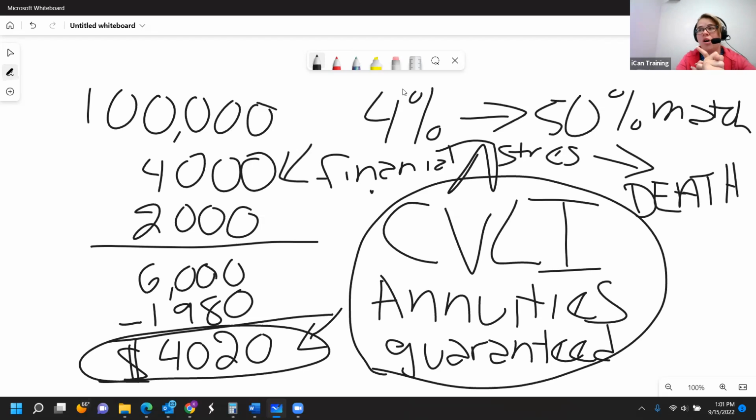It leads directly to heart disease, diabetes. People who have financial stress are more likely to be overweight. All of these things lead to physical diseases that lead to death. And it all comes back to financial stress. It's also the leading cause of divorce. 88% of divorces are due to financial stress.